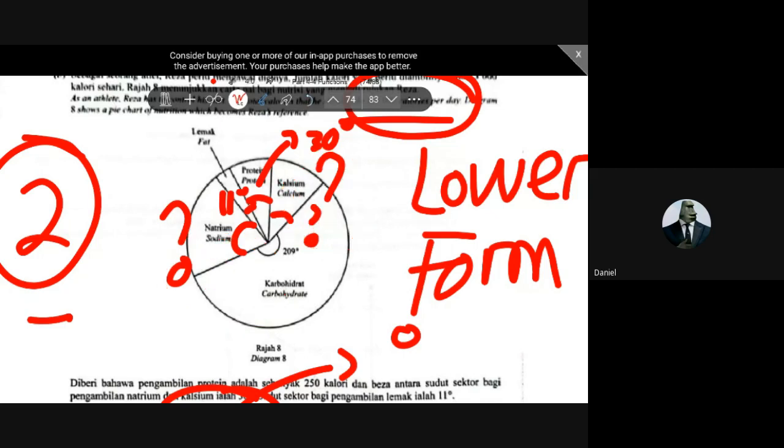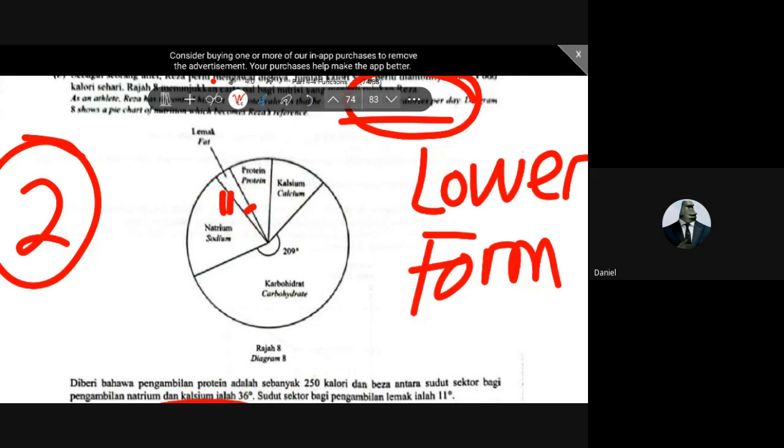Okay, so now you have to form the equation. Kamu kena bentuk persamaan sekarang. Okay, so this one is 11, protein is 30. So can you tell me or not, if sodium is X, calcium is Y, boleh tak kamu bentuk persamaan linear yang pertama?